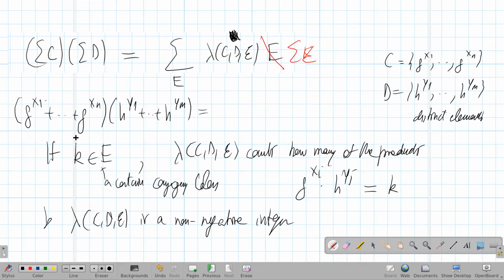Why is this important? Because the product of two conjugacy classes is a linear combination with integer coefficients, actually non-negative integers, of the conjugacy classes.